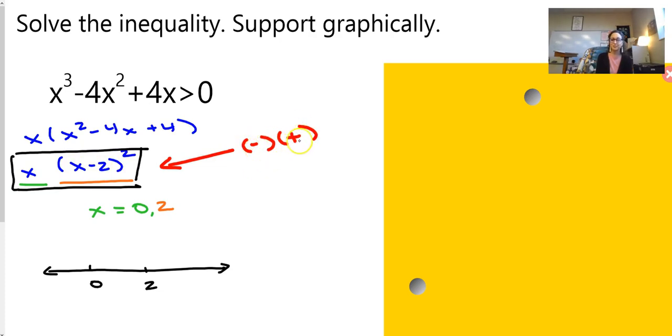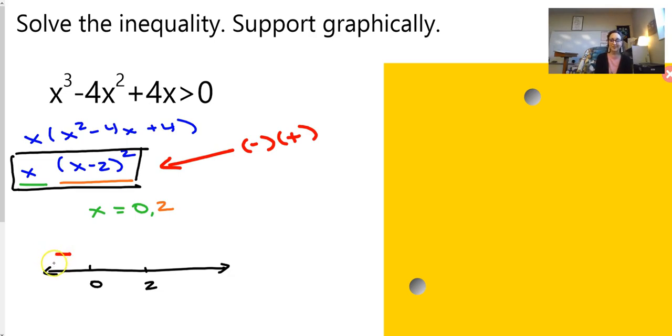A negative times a positive, is that going to be negative or positive? It's going to be negative. Notice that I don't care what the actual number is, I'm just looking for the sign. This is going to be true no matter what number you pick in this interval. You can test it if you don't believe me, okay? Pick a different number, see if it works.